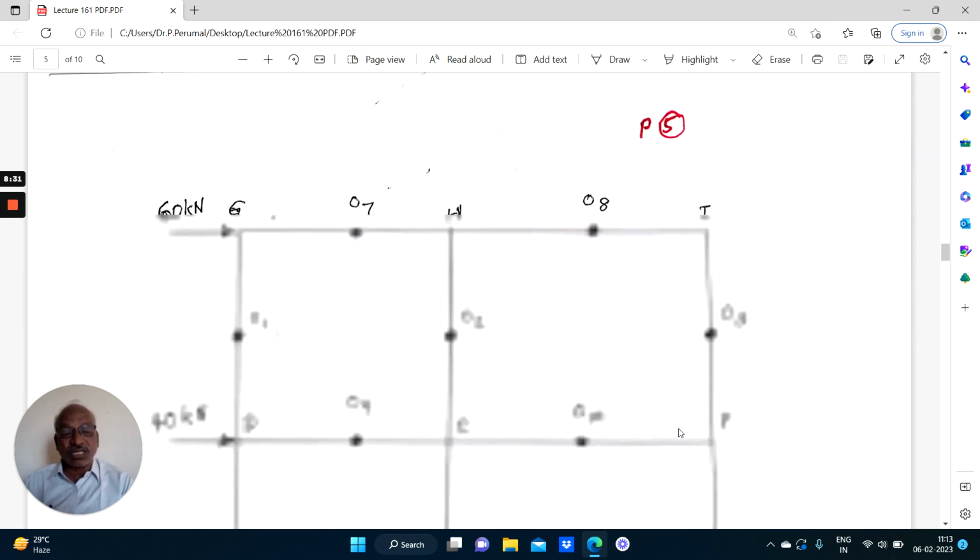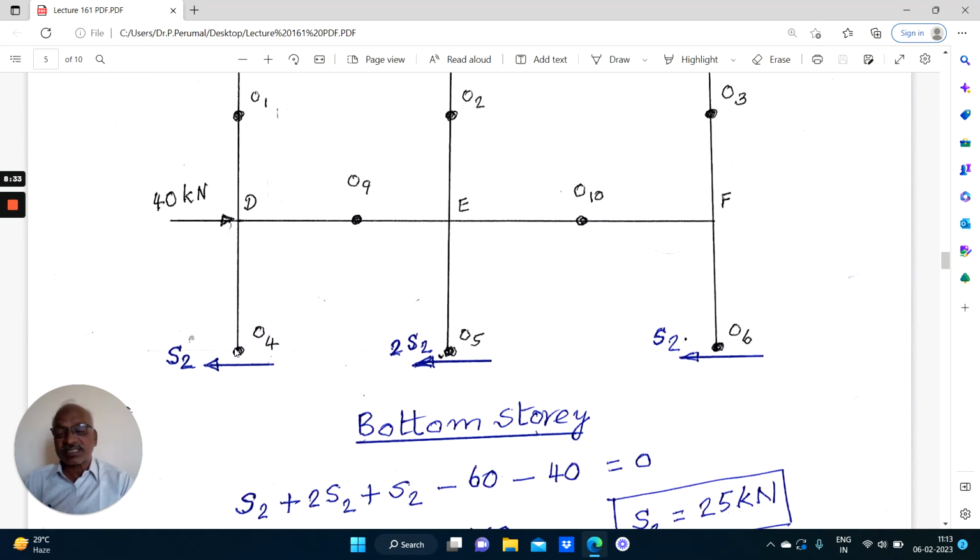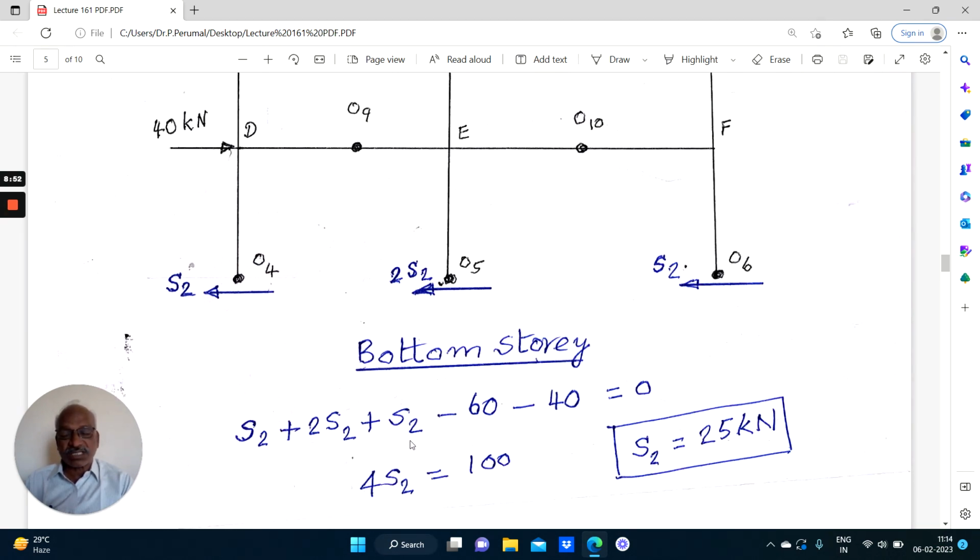The 12th equation is to assume the hinges at the midpoints of the bottom story O4, O5 and O6. Now find the horizontal shear at this level. Let us assume this as S2. We know it is 2S2. So S2 plus 2S2 plus S2.